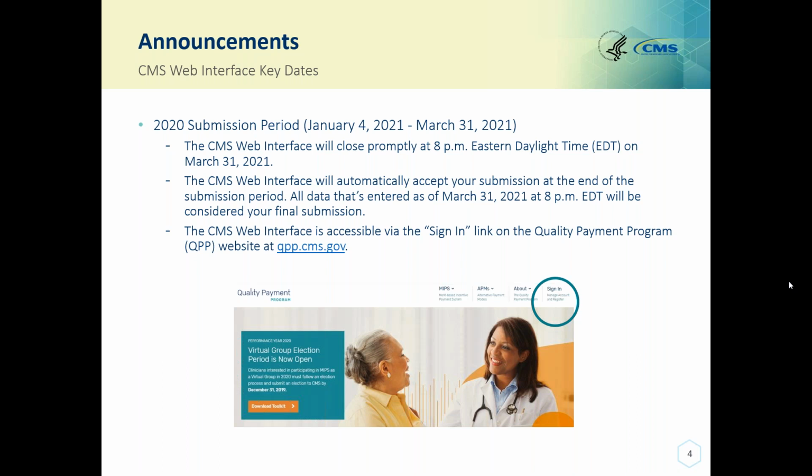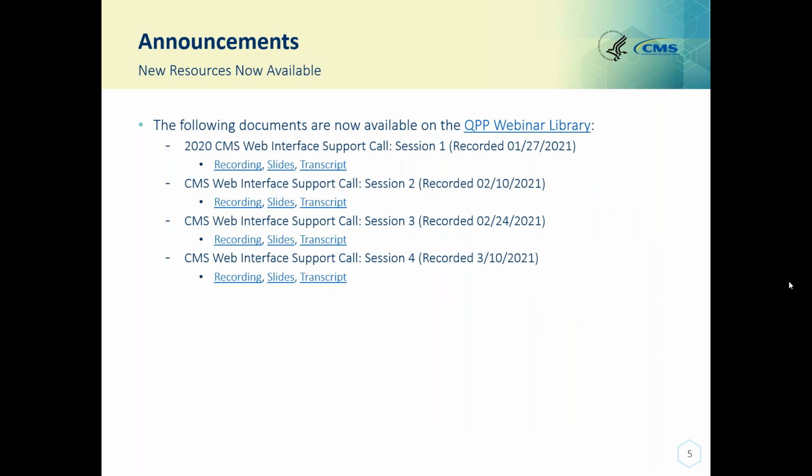Next slide, please. The materials from the January 27th, February 10th, February 24th, and March 10th support calls are posted on the Quality Payment Program webinar library. Next slide, please.